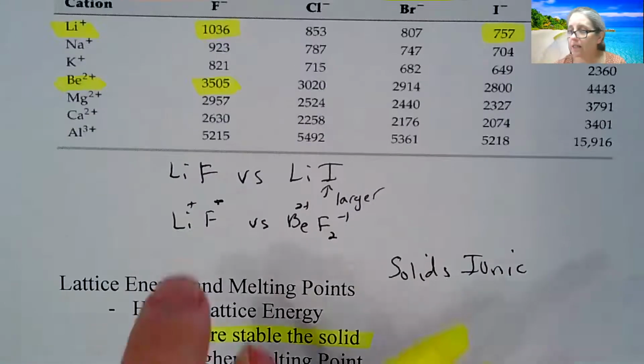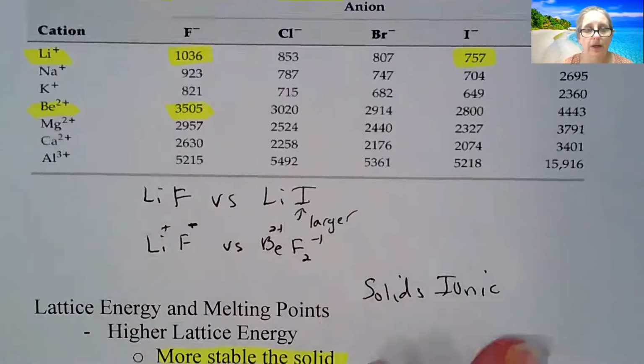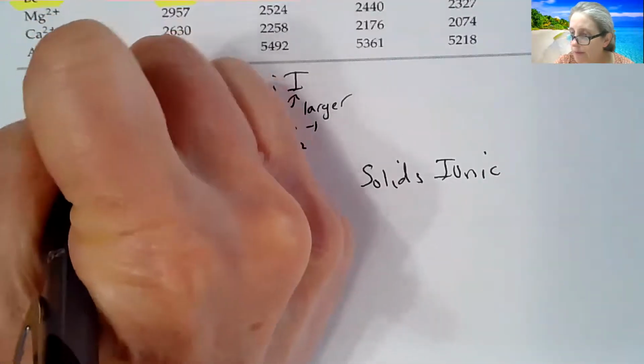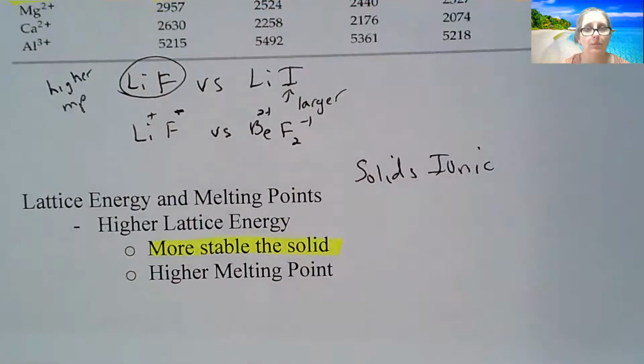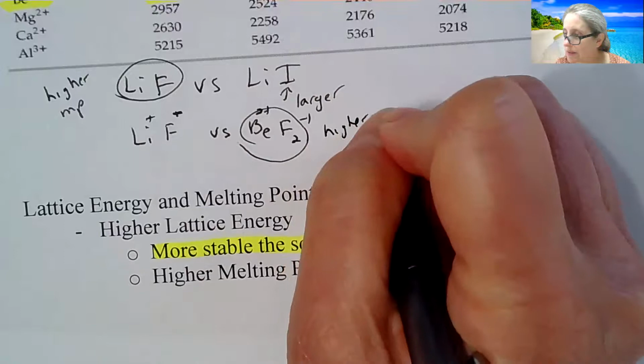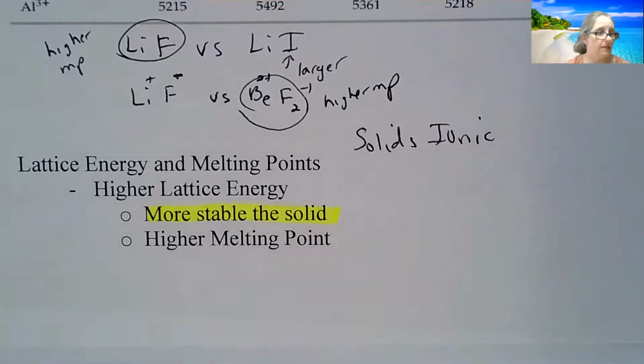So if I looked at lithium fluoride versus lithium iodide, lithium fluoride would have the higher melting point. It is a more stable compound. Beryllium fluoride would also have the higher melting point because of that. So this is, again, following the trends we talked about, following Coulomb's law, all melted into one.